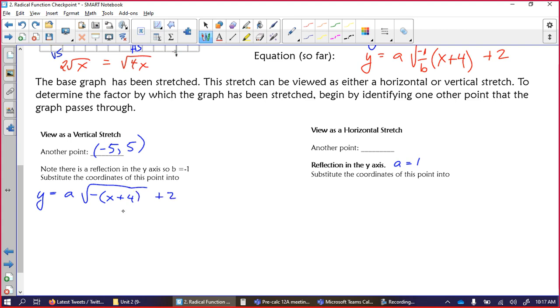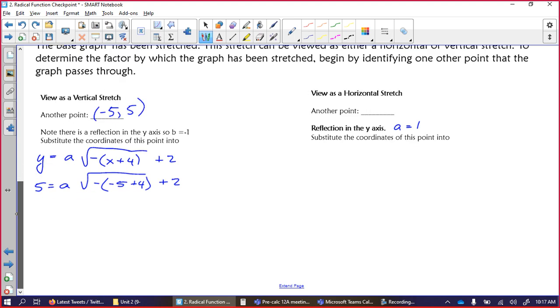This is the same thing if you had me for foundations. We did something like this with parabolas. Well, 5 equals a, the square root of negative 5 plus 4, plus 2. Okay, solve for a. Let's do one thing first.